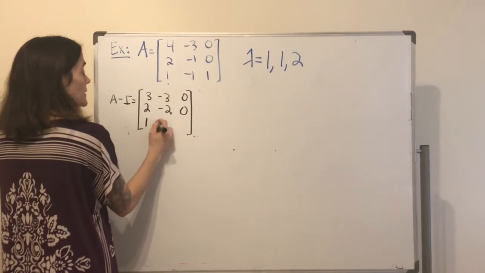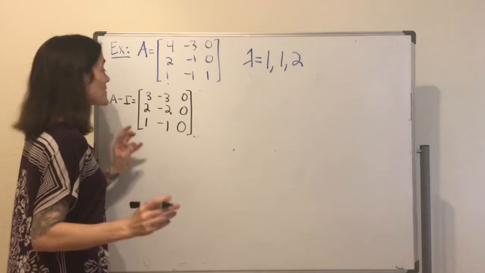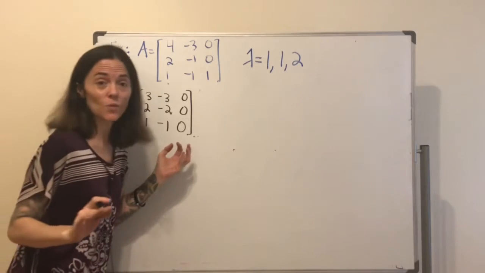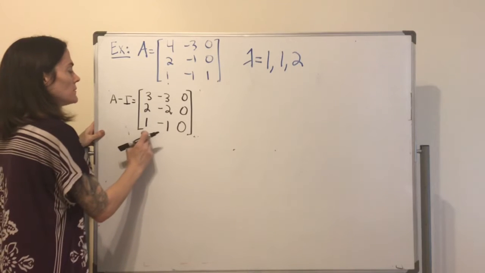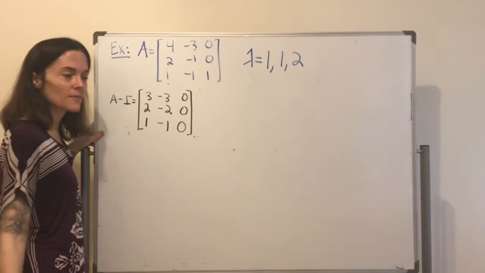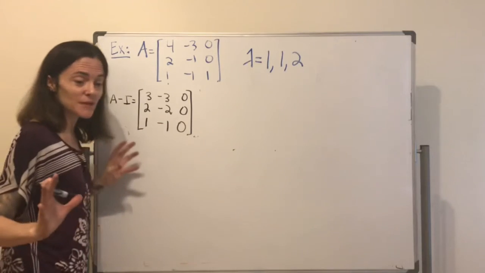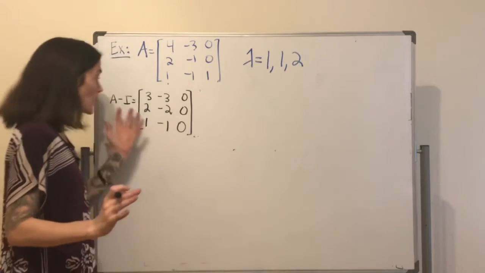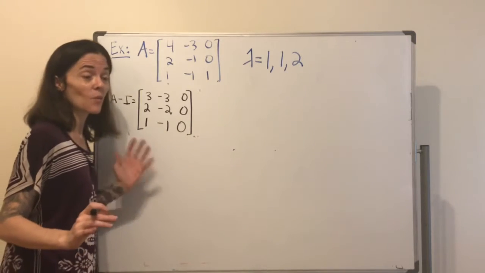This will be 1 minus 1, 0. Oh, look, this will be very nice. We see a rank 1 matrix because, well, there's only one linearly independent column, for example. And so this says the kernel of this matrix will have dimension 2. So the geometric multiplicity of 1 will be 2.